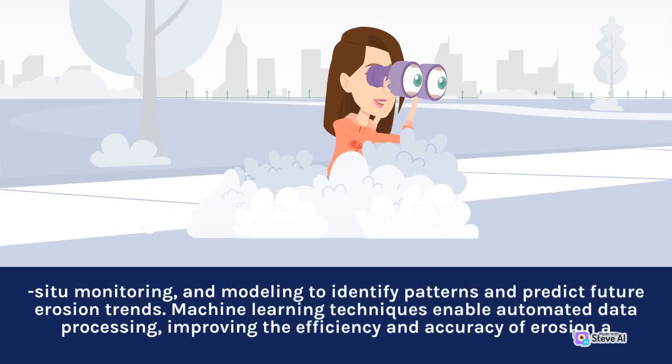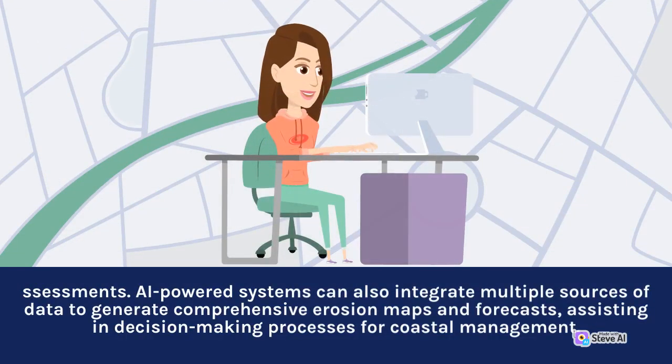Machine learning techniques enable automated data processing, improving the efficiency and accuracy of erosion assessments. AI-powered systems can also integrate multiple sources of data to generate comprehensive erosion maps and forecasts, assisting in decision-making processes for coastal management.